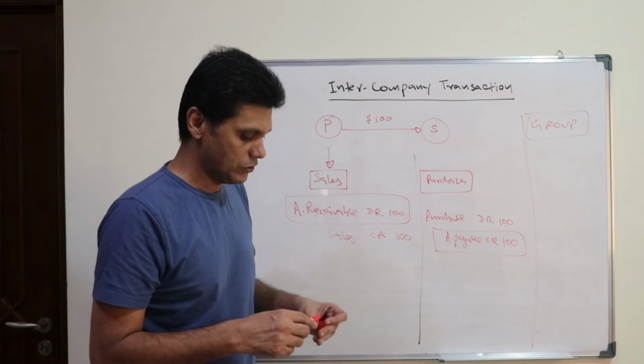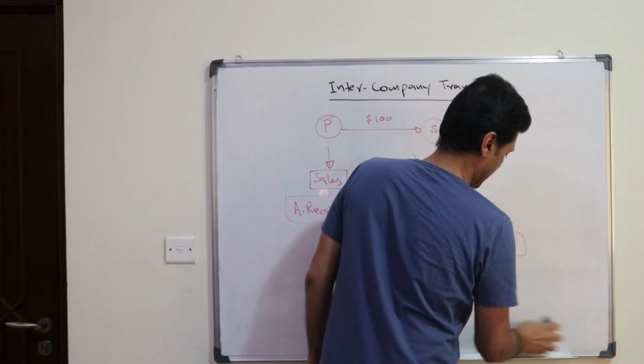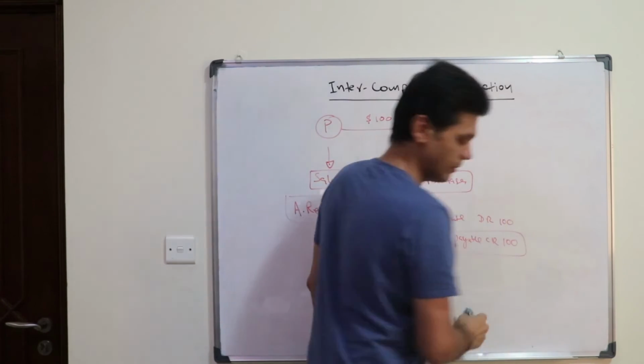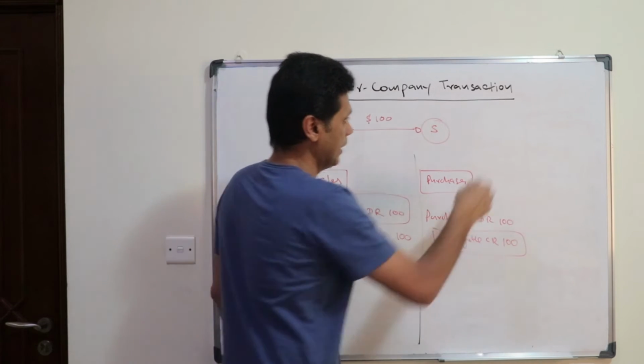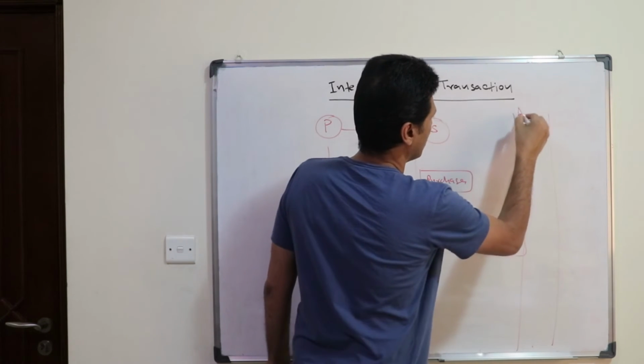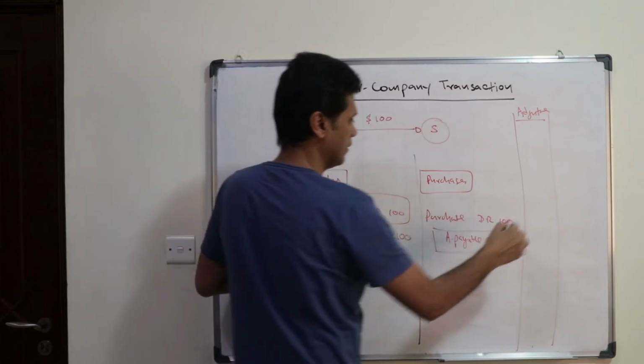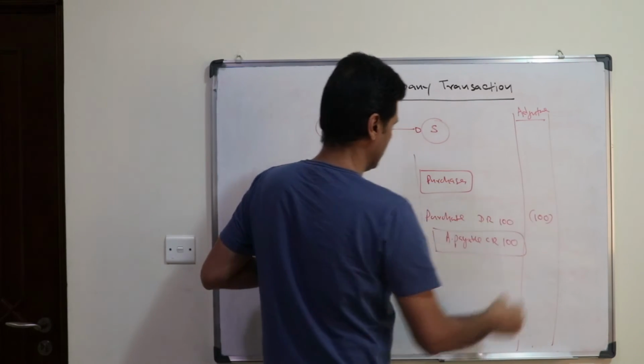When you prepare the consolidated financial position, there will be an adjustment column. In the adjustment column, you need to eliminate this transaction.